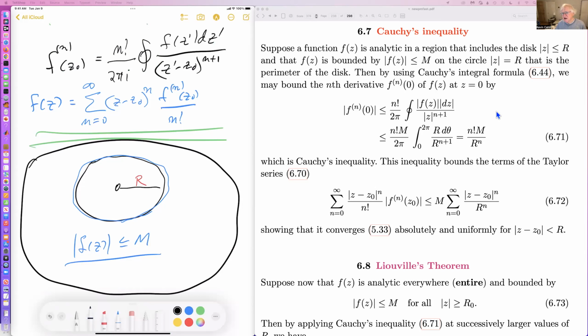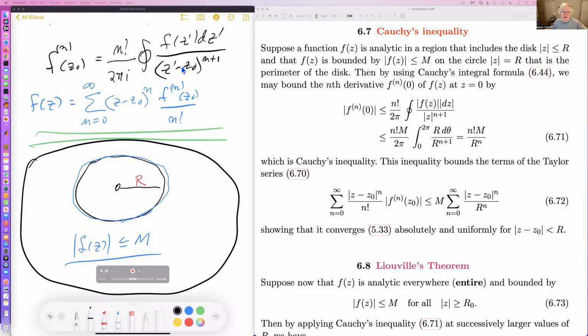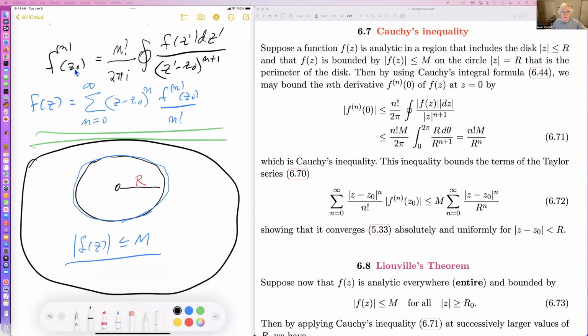In other words, I'm using exactly this formula here with z0 equal to 0. And now the absolute value of that then is bounded by this. We just replace everything by absolute values and replace the i by 1.